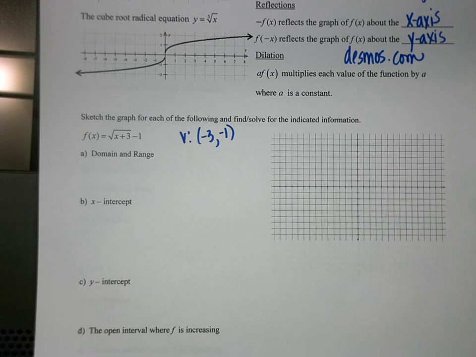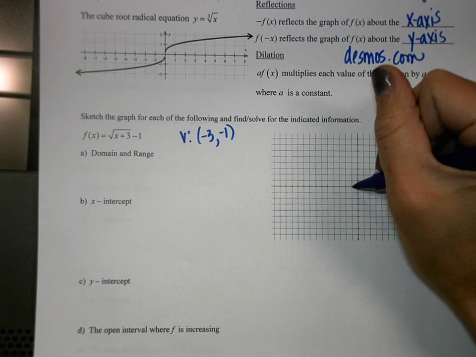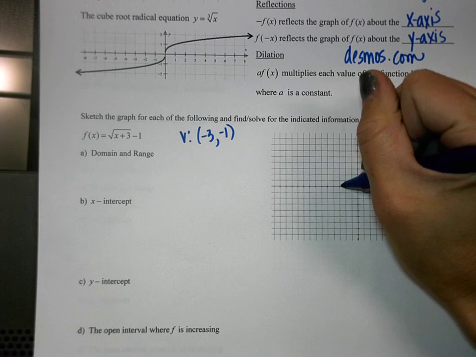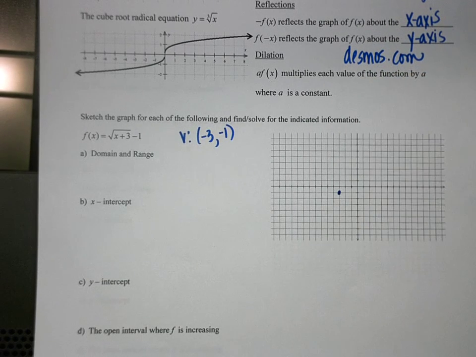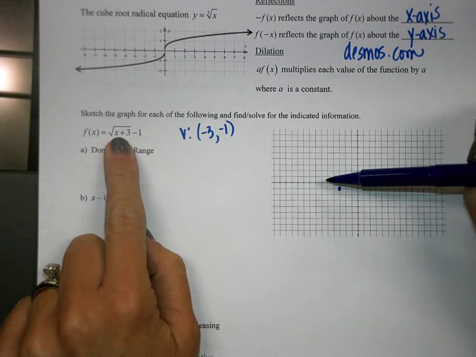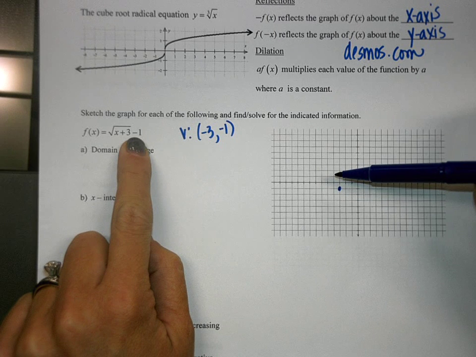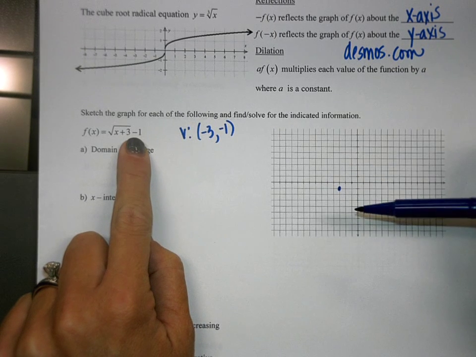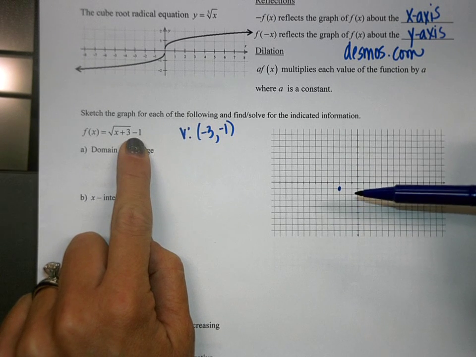And then at the end, it's just that number. So that means I would go on here on the graph, left 3 and down 1, -1. And so basically your original function was at 0, 0, and then because of this number in here, we shifted left, and because of this number right here, we shifted down. Make sense? Okay.